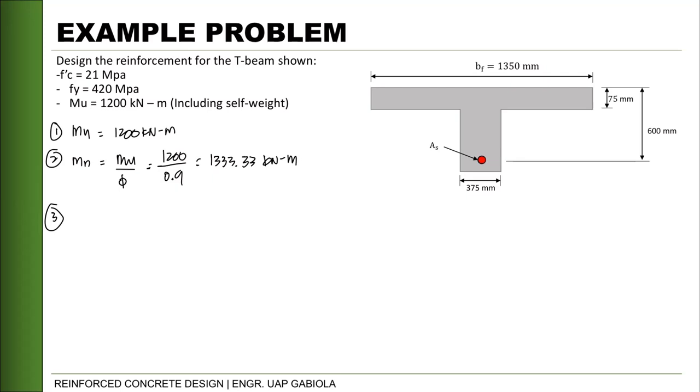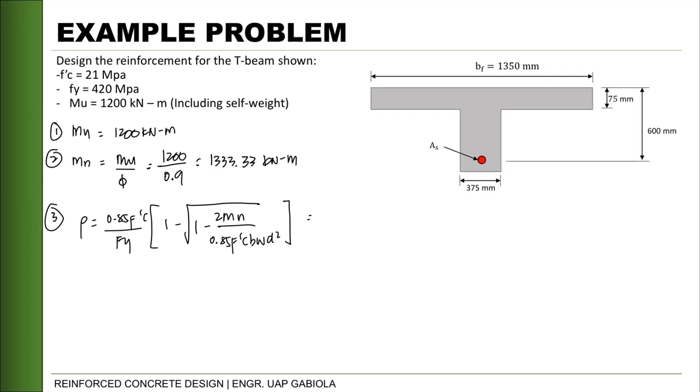Number 3, we calculate the value of rho. So that is 0.85 F prime C over Fy times 1 minus square root of 1 minus 2Mn over 0.85 F prime C. The assumption is that it is a rectangular T-beam at first, so D squared. You can substitute these values yourselves.